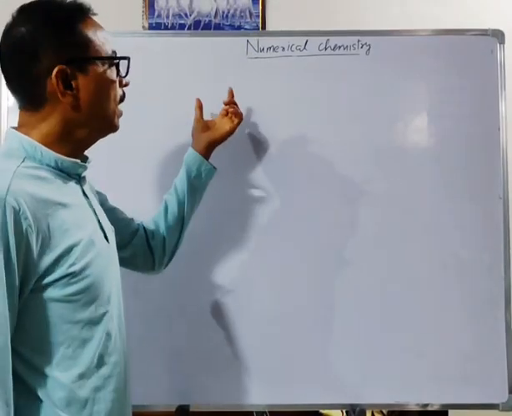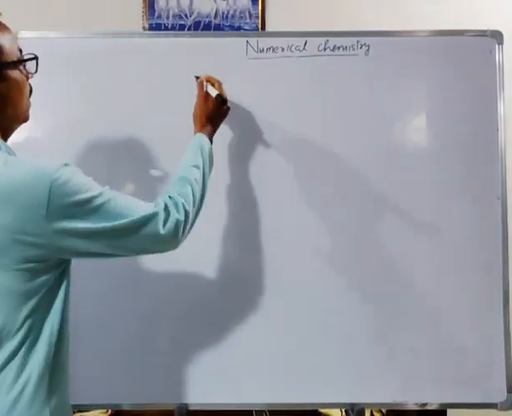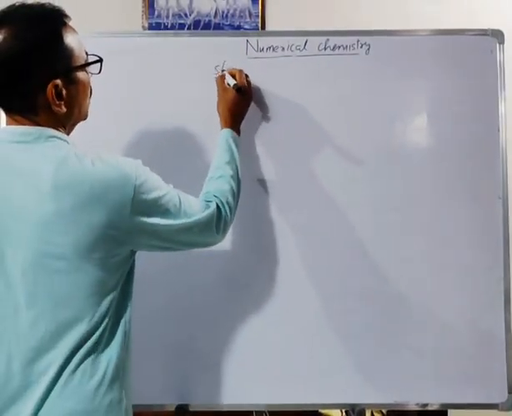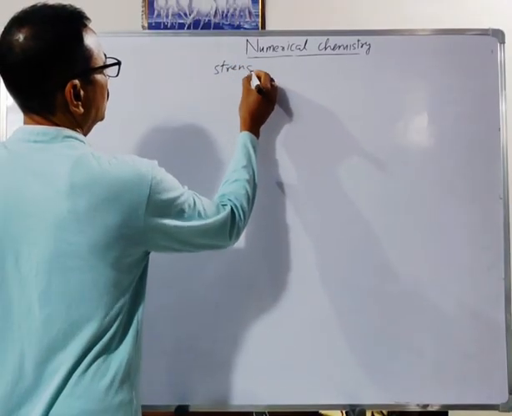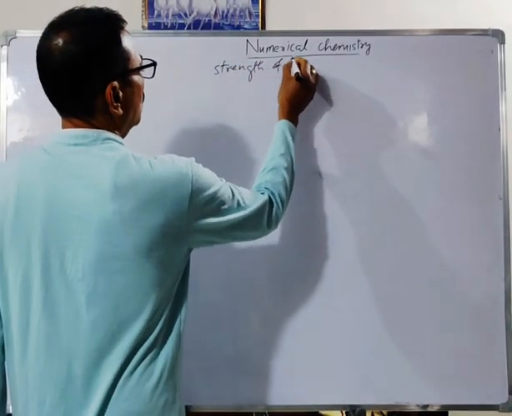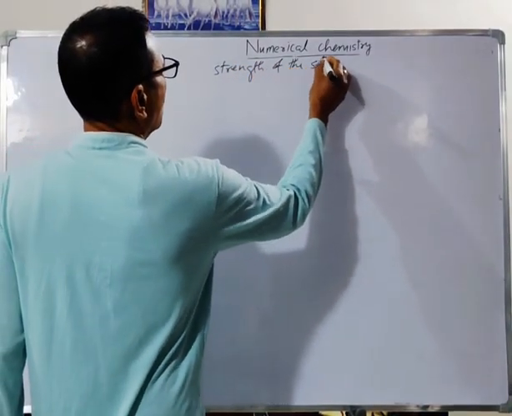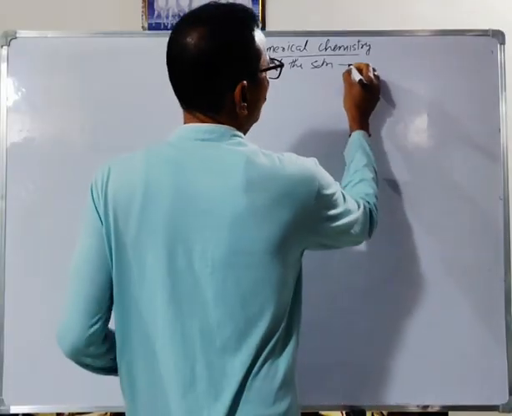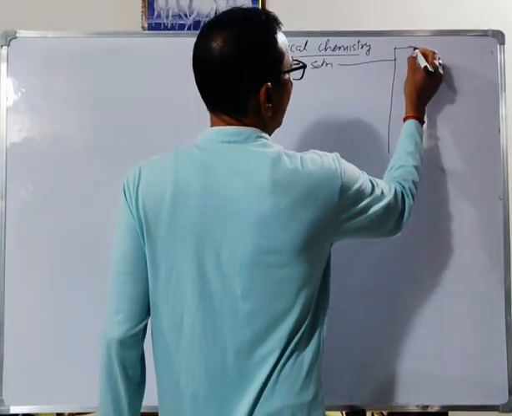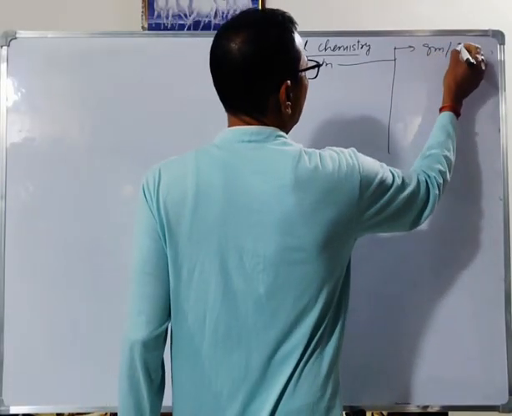Now we start the chapter: strength of the solution. Strength of the solution, as I have told you earlier, is defined in terms of gram per liter.